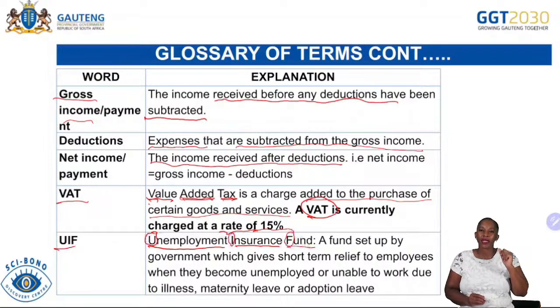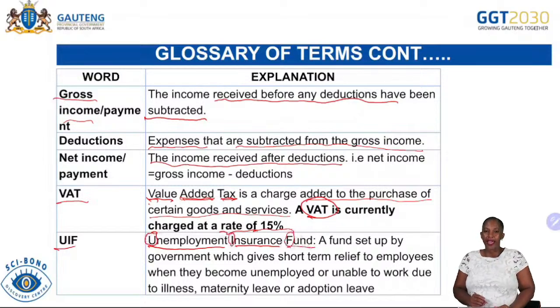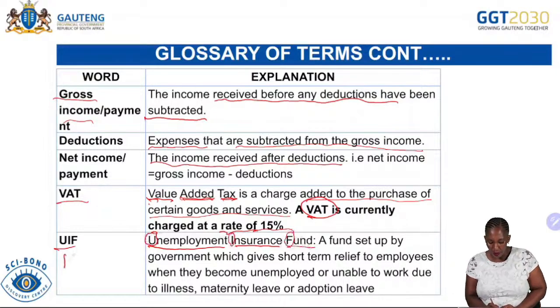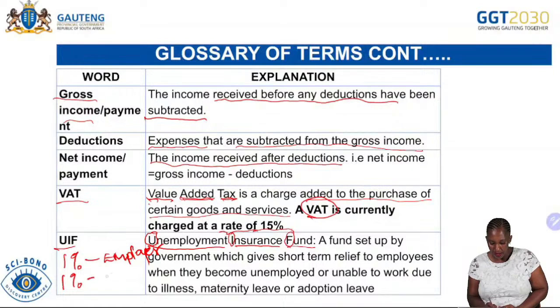You've been putting money away, which is 1%. An employer will deduct only 1% of your basic salary, and then the employer will also contribute 1%. So for UIF, it will be 1% from the employer, and also 1% from me, deducted from the employee.